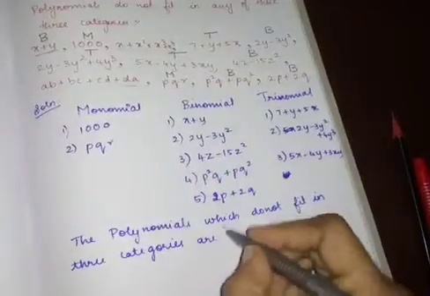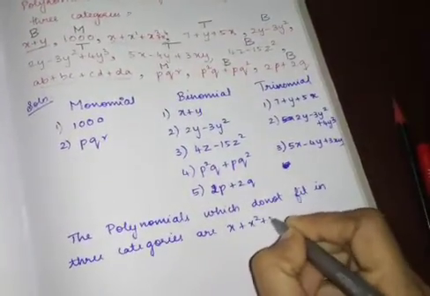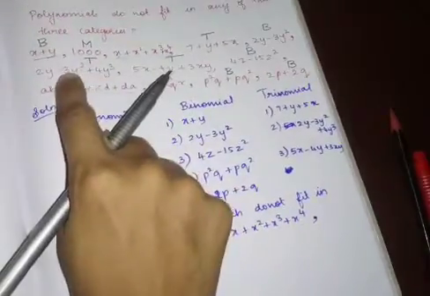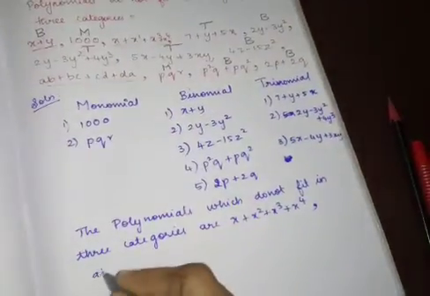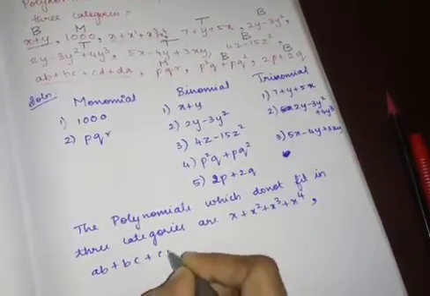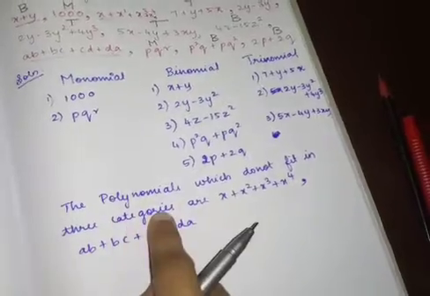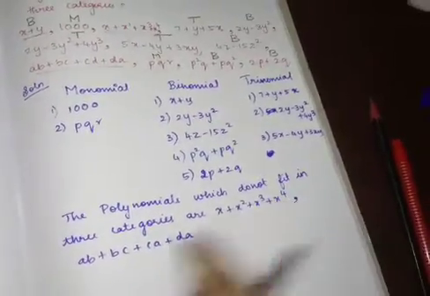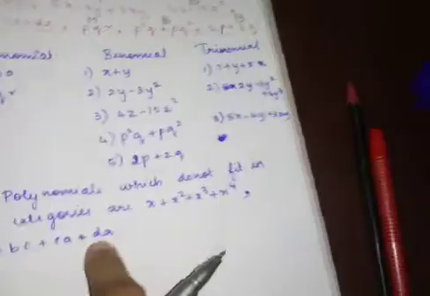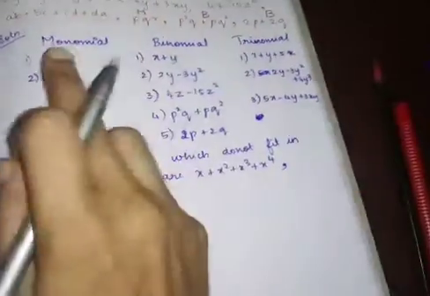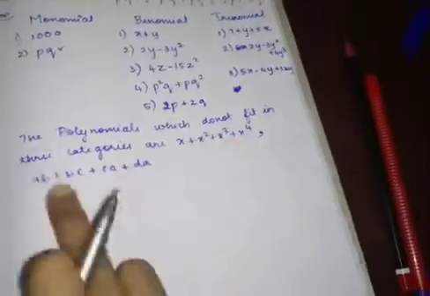This one: x plus x square plus x cube plus x power 4. Next polynomial is this one: AB plus BC plus CA plus DA. So this is one polynomial and this is one polynomial. So first you should write the monomial, binomial, trinomial list, and in the next part, which polynomial does not satisfy these three categories, you should write it here.